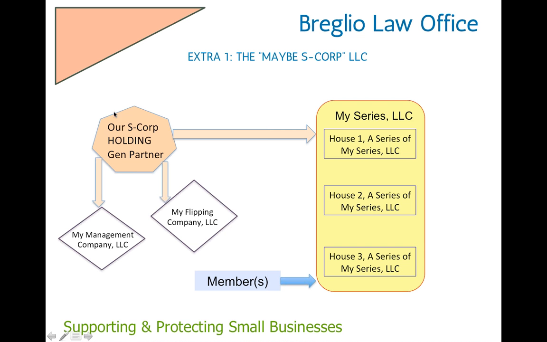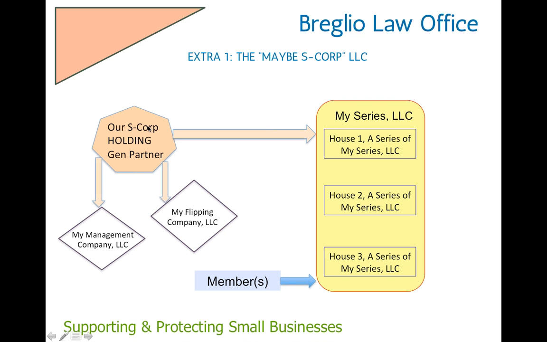That will file a tax return, and it owns 100% of the other LLCs. So these LLCs are now single member. They do not file a tax return, but they conduct business all on their own. So they separate out the liability of the flips from the management, from the contracting, from the real estate commissions, etc. So this is kind of for clients that have a complicated active income in real estate investment.